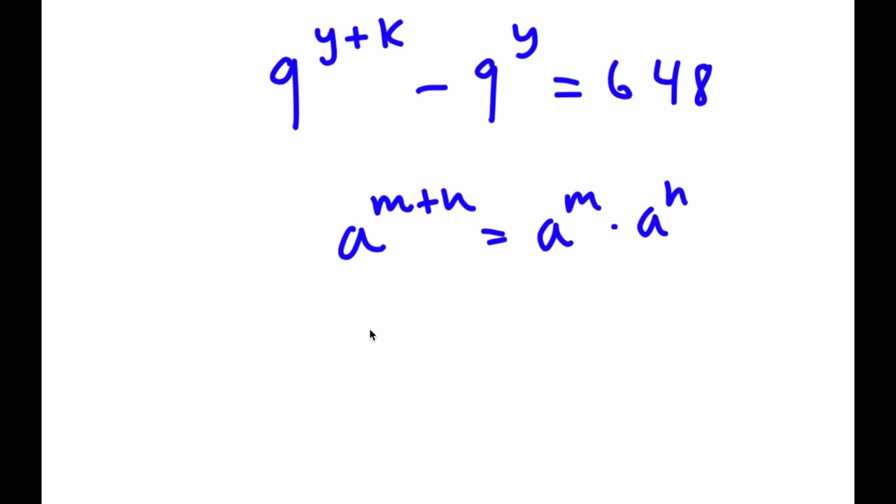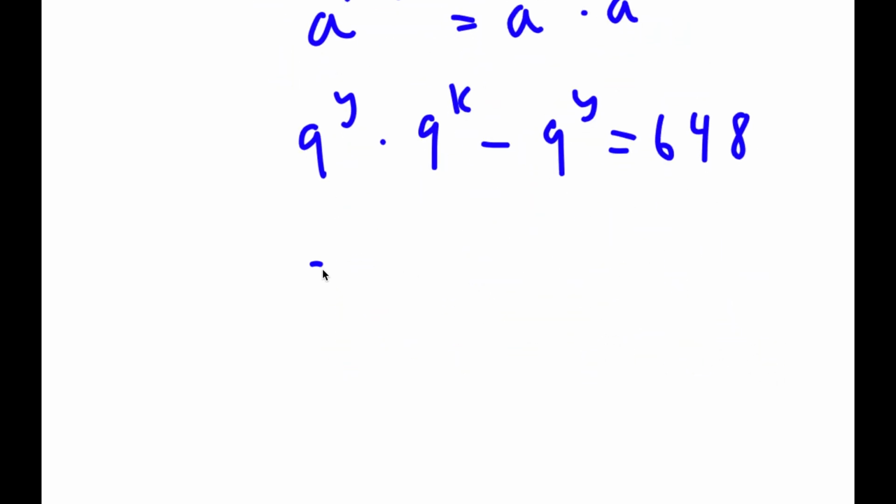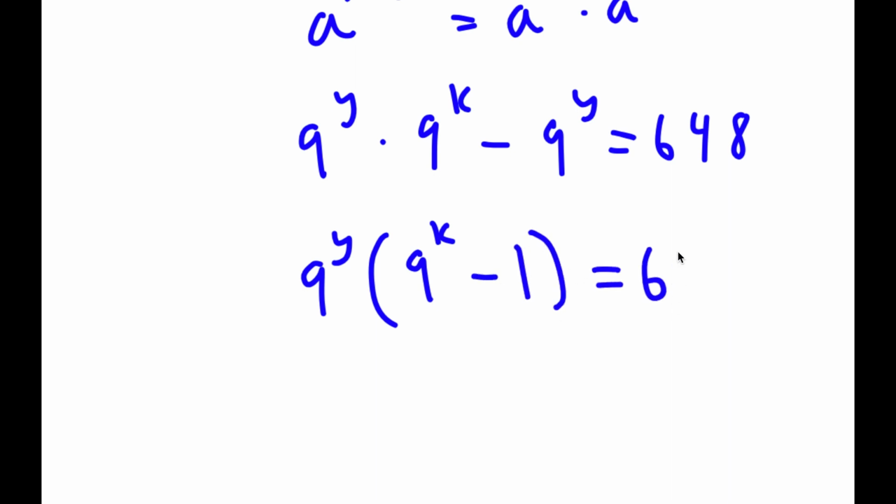So 9 to the power of y plus k is going to equal 9 to the power of y times 9 to the power of k. I have this minus 9 to the power of y is equal to 648. Now I'm going to factor out 9 to the power of y. So I get 9 to the power of y times 9 to the power of k minus 1 is equal to 648.